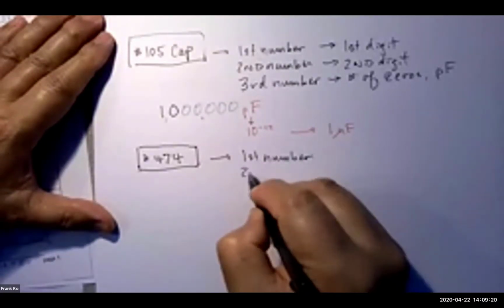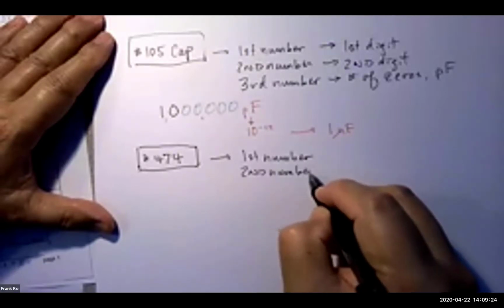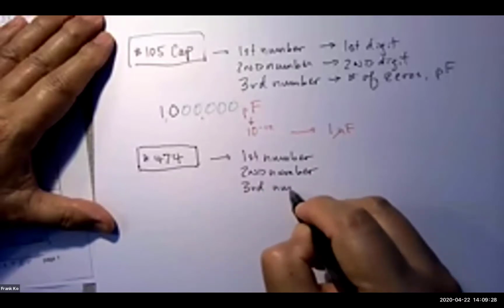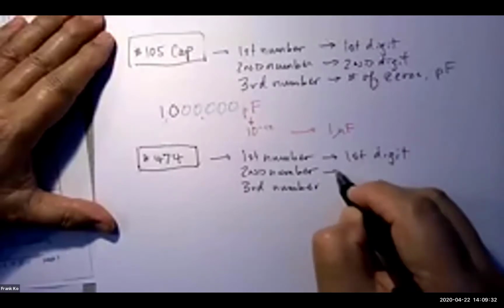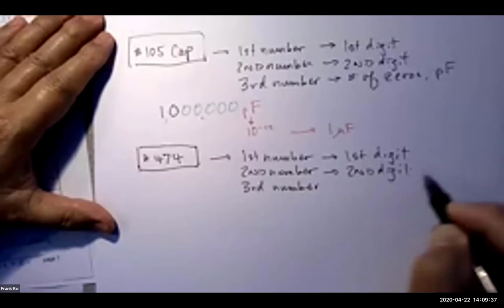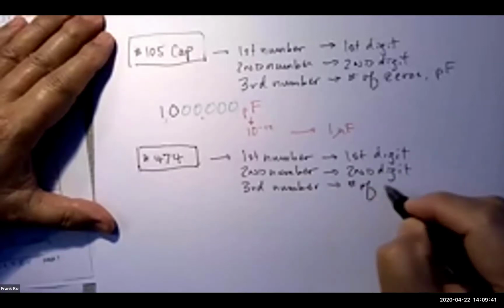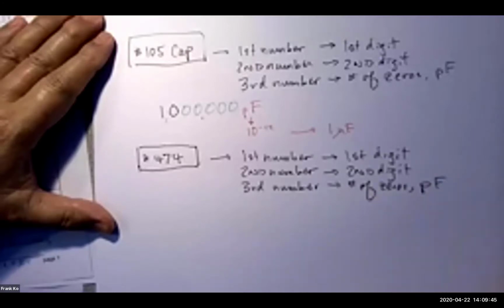First number, second number. The third number is the first digit, the second number is the second digit, the third number is the number of zeros before we have picofarads.